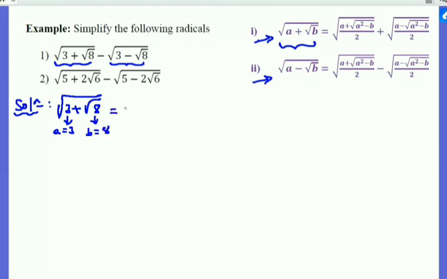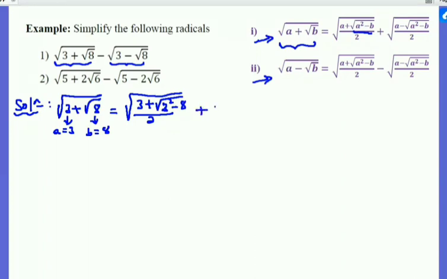Using this notation, radical 3 plus radical 8 becomes radical of 3 plus another radical, a square means 3 square minus 8, over 2, and this 2 is inside the radical.